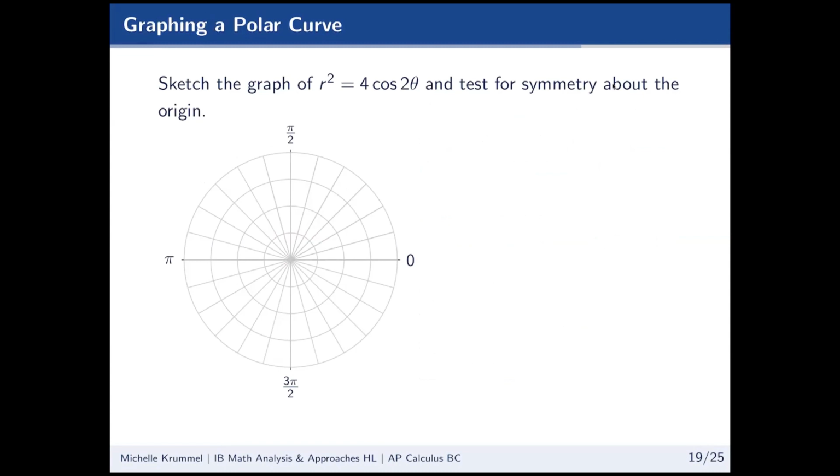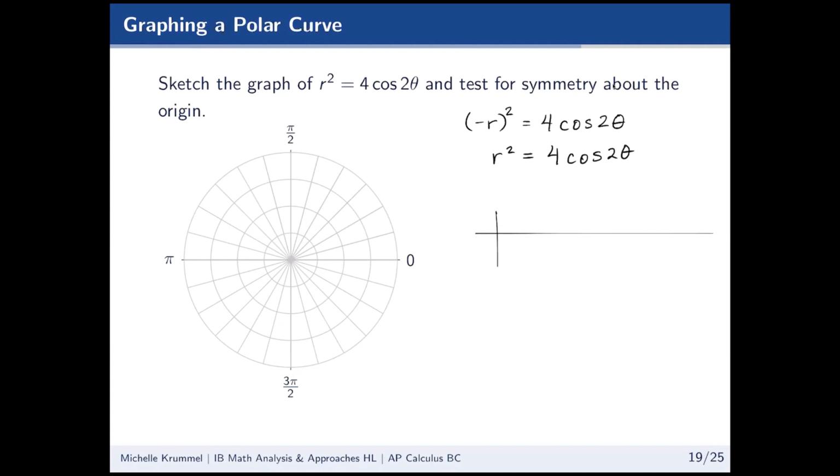We're going to test for symmetry about the origin, so we're going to replace the r with a negative r, and then simplify. Well, negative r squared is r squared, so right away we get back to the original equation. So yes, this graph will have symmetry about the origin.